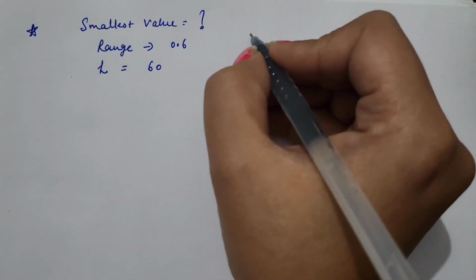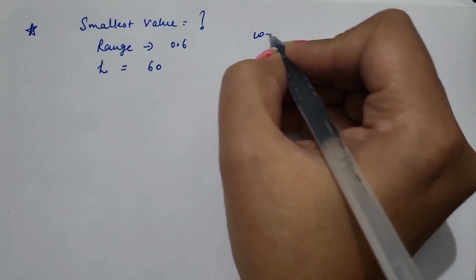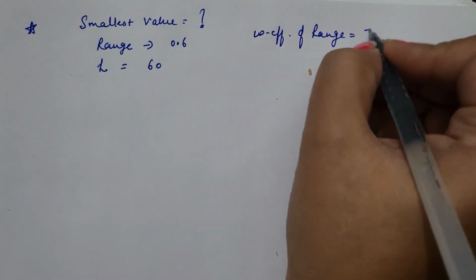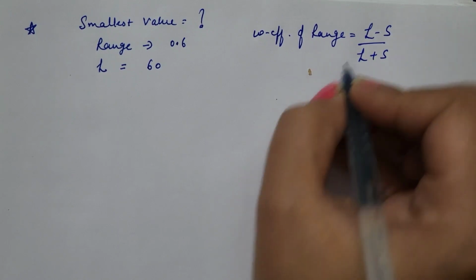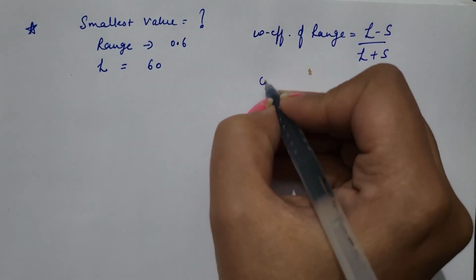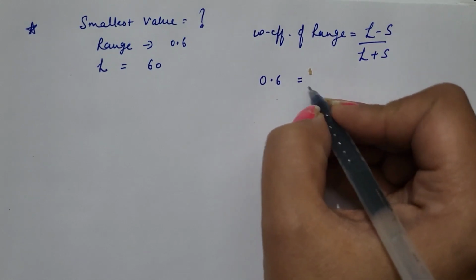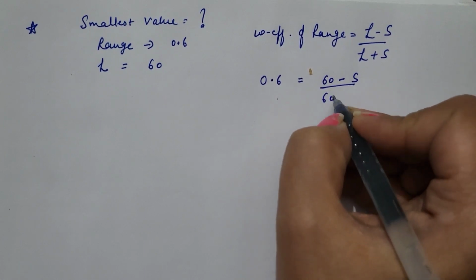As we know, coefficient of range is equal to L minus S divided by L plus S. So we can substitute these values. 0.6 as coefficient of range, largest value 60, smallest value we need to calculate.